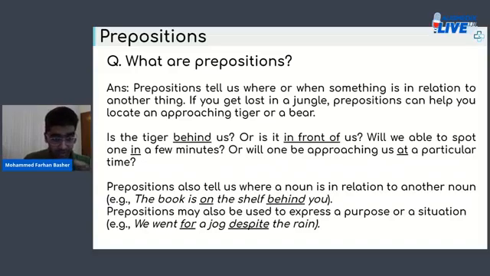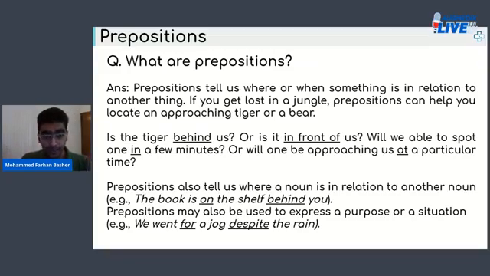Let's take a look at the example here. You're talking about a book. The word book is a noun, right? Now, you may be asking where that book is, and the person you're asking could be answering that the book is on the shelf behind you, right?